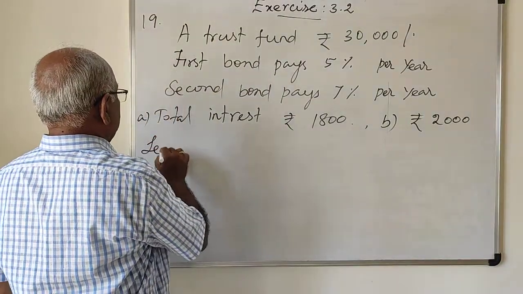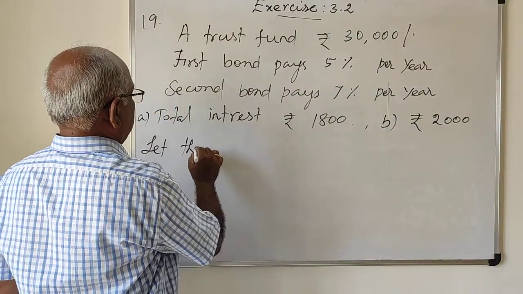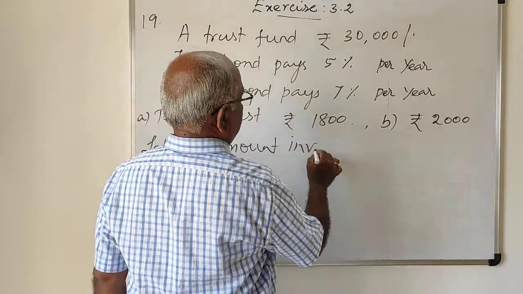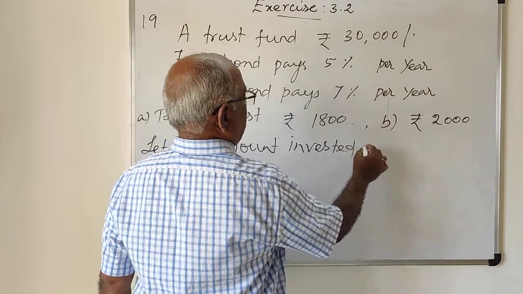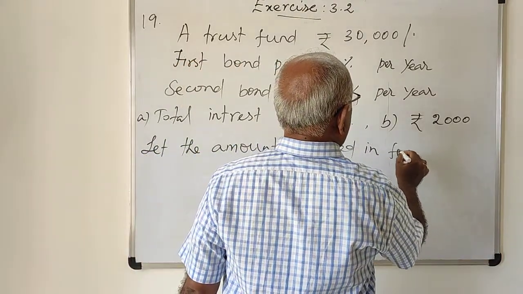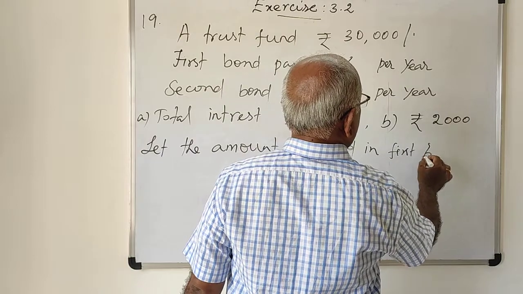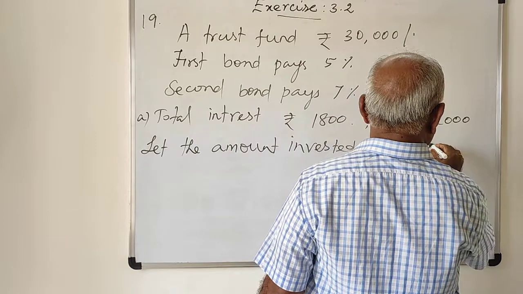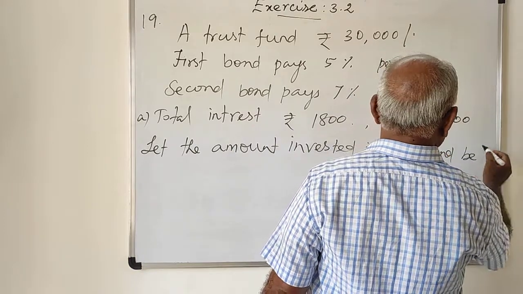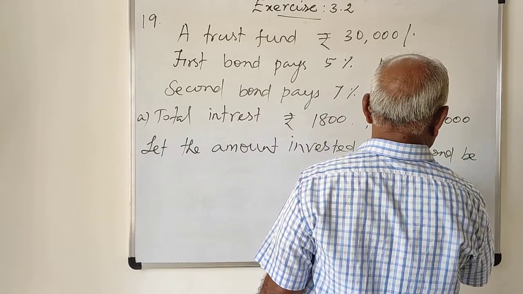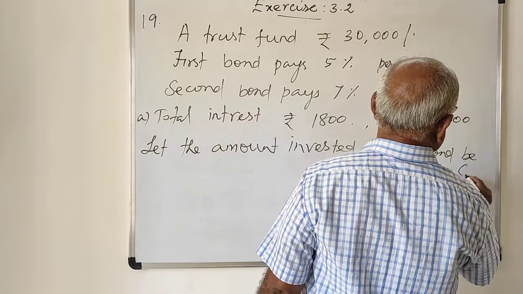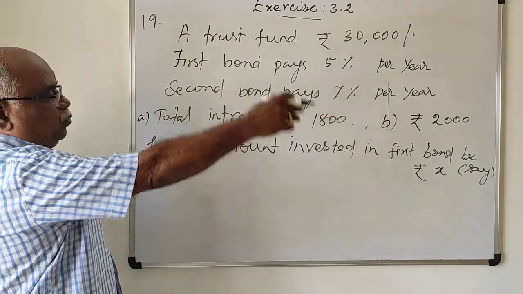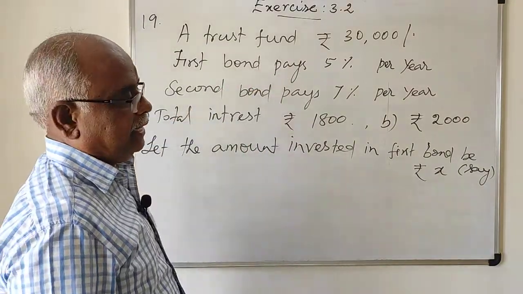Let the amount invested in the first bond be rupees X, say.